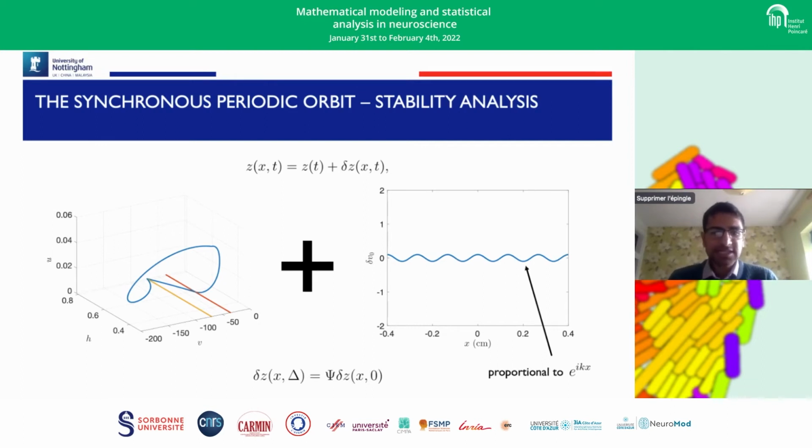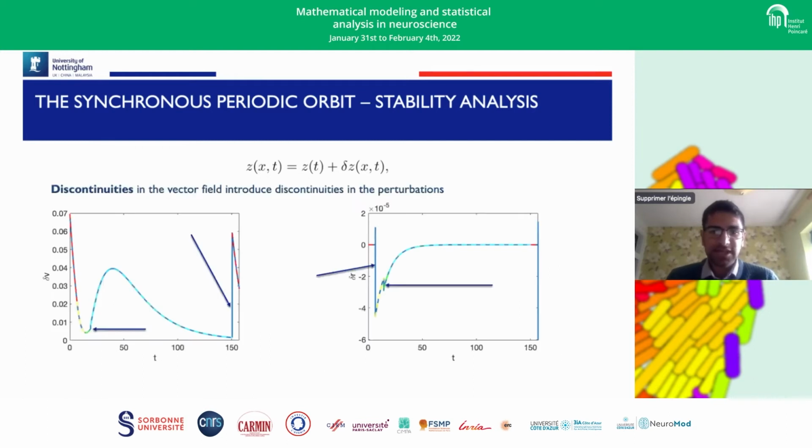So taking the orbit and applying a small perturbation, standard theory of periodic orbit stability says that to look at the stability of a periodic orbit, we consider the eigenvalues of this map psi, which takes an orbit over a period. So we want to construct this map and then find its eigenvalues.